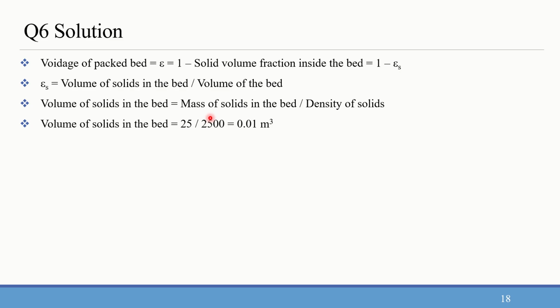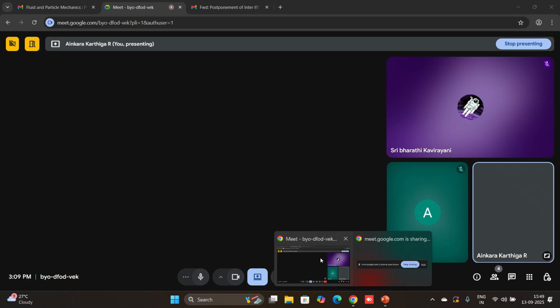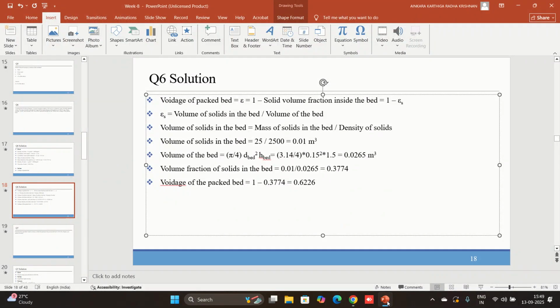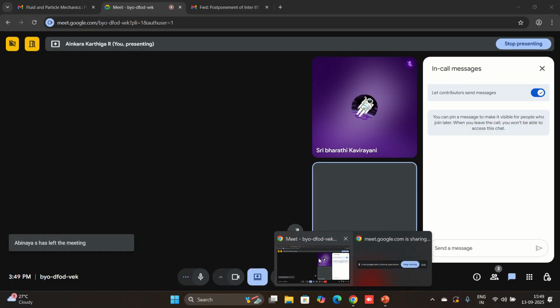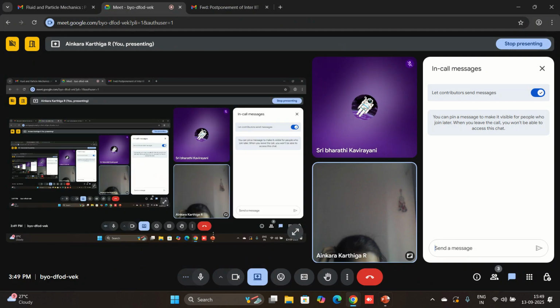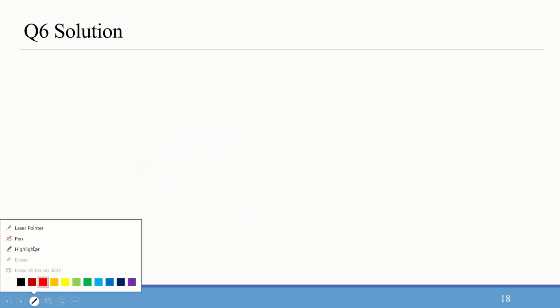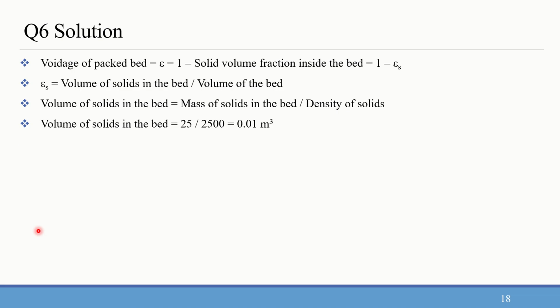So, cylindrical column, therefore the total volume of the bed is the volume of the cylinder.